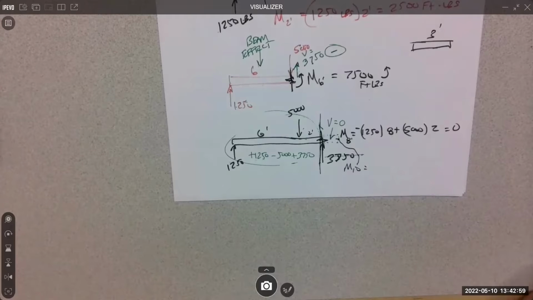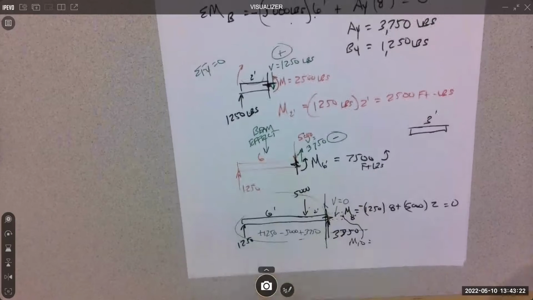So here's the deal. That's a lot of work. And really, we don't need all this information. We need maximums. I don't really care what it is at 2 feet. And I don't really care what it is at 3 feet. What I care is where is it maximized and what's that number? Does that make sense?